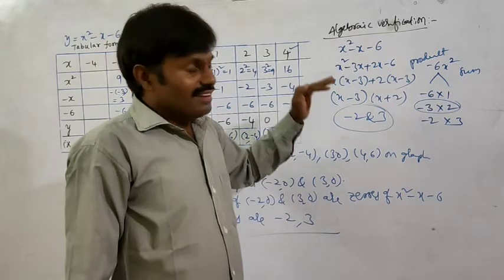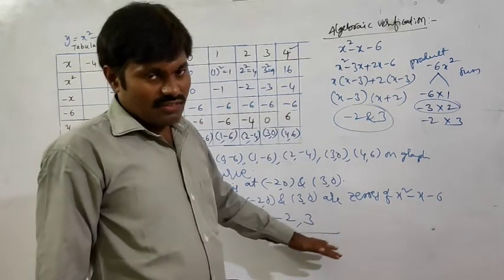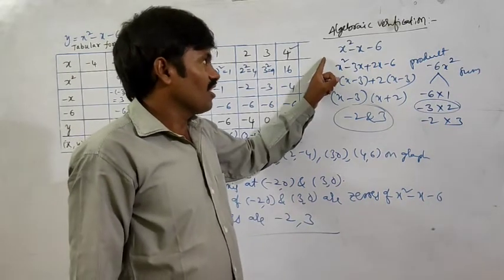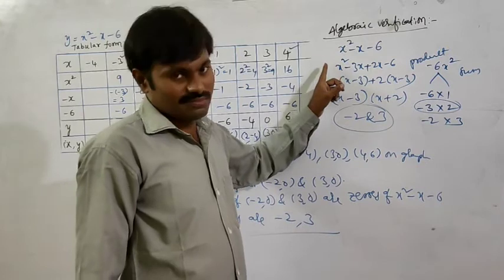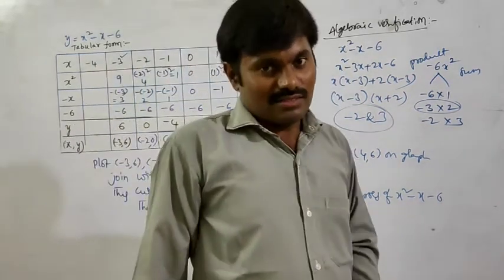But after completion of the solution, after drawing the graph and after writing these sentences, now we have to write the algebraic verification. Okay. Then the evaluator will be impressed.